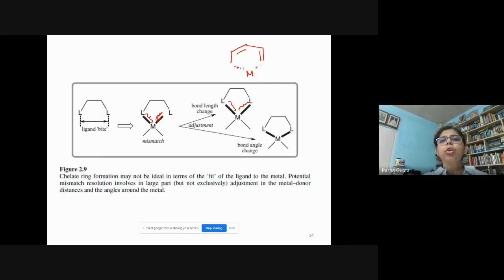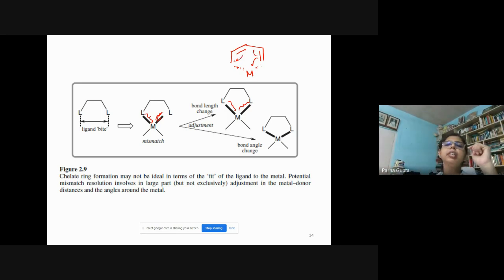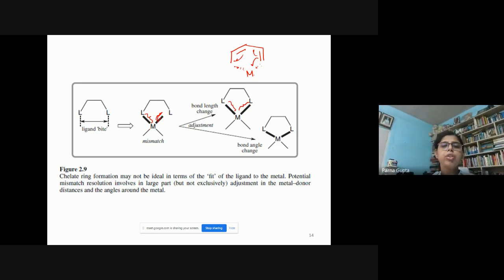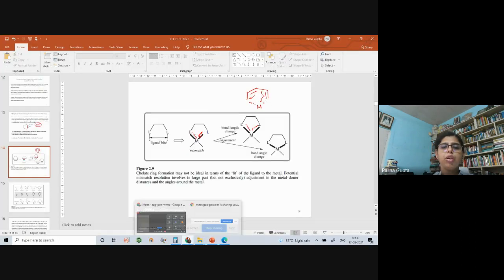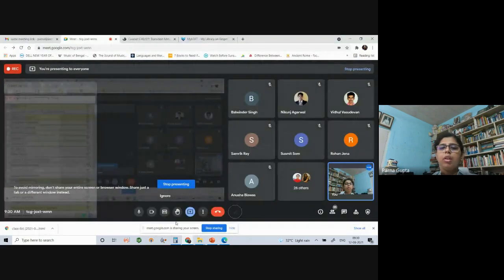It can go like this, and it might happen like this. So these bond angles can change a little bit when it is a conjugated ligand, and for that reason a conjugated ring is more stable. So if you have understood, please let me know. Otherwise I shall go to the next topic.